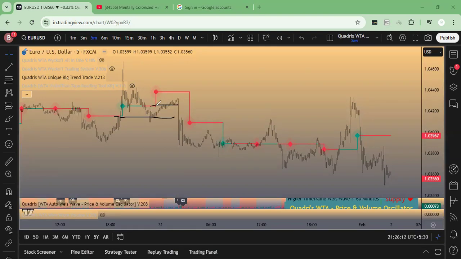So now once this new level is formed, my focus will be shifted to these two recent levels. So either I would like to see price coming back and testing and going downwards, or I would like to see price coming here and bouncing back. So it happened over here.